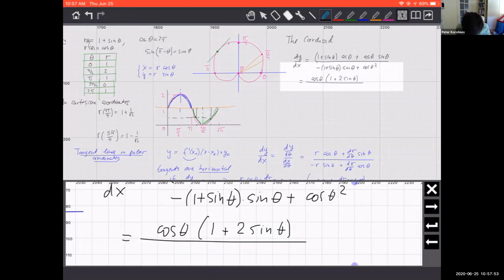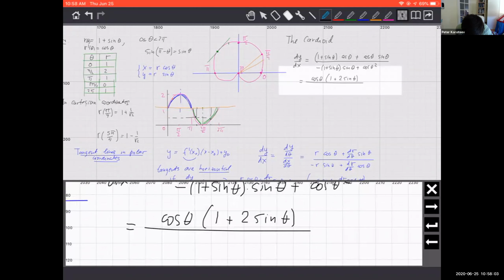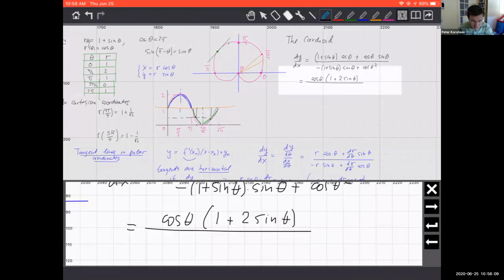On the bottom, let's do the simple computation: minus 1 minus sine squared theta, plus cosine squared theta.